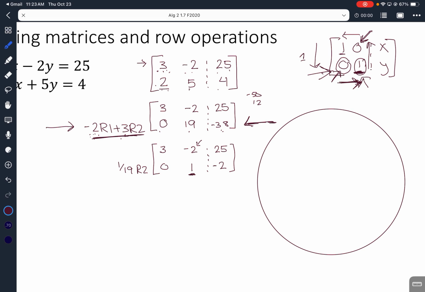Or 2? 2, because I need the -2 to go to 0. So I need to multiply this 1 by 2. So I'm going to say 2R2 plus R1. I'm writing it next to R1 because R1 is the only one changing. I'm not changing row 2. Everyone following?